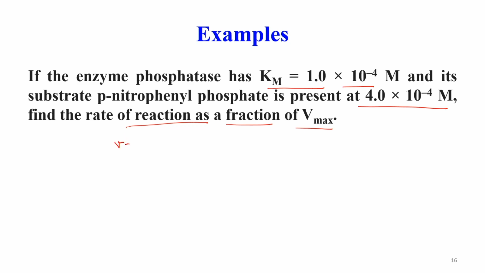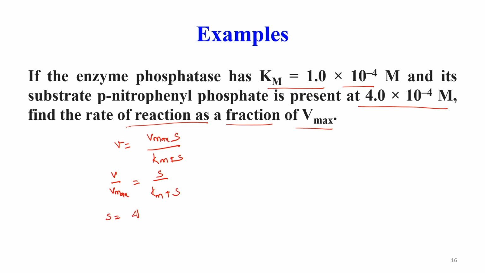So, if I write the equation V equals Vmax S upon Km plus S, we have to write V in terms of Vmax. So, we can simply rearrange: V upon Vmax equals S upon Km plus S. What is the value of S?